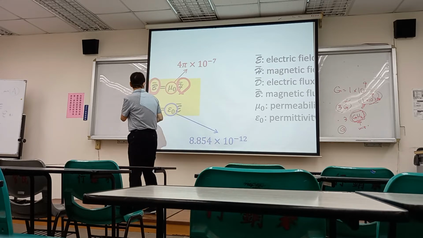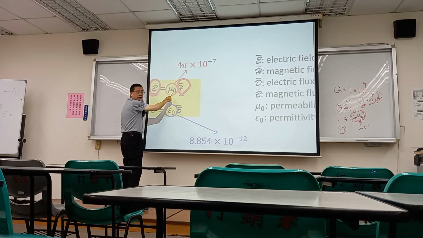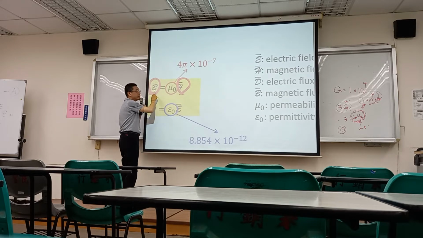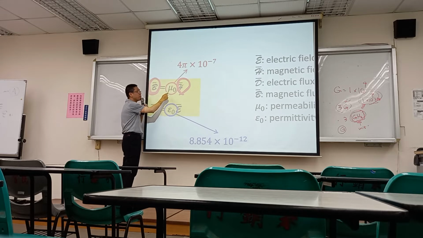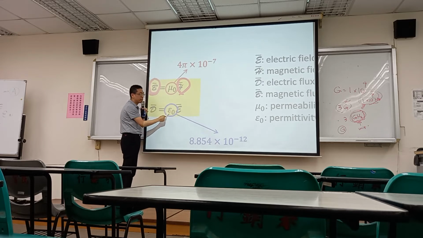So if your H field is in the air, your magnetic flux density B equals mu 0 times H. If your electric flux density is D, it equals your E field times epsilon 0, if that is in the air.